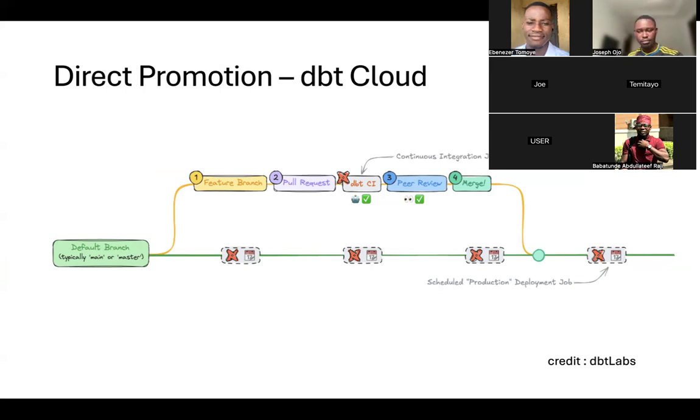People create branches of the main, and you raise a pull request, and before the pull request even gets reviewed, they want to make sure that there are no bugs in the pull request. This model is actually executing, it runs completely, rather than the PR getting merged and then, when the model runs in production, you see that this model is failing, this model is breaking, there's an error somewhere.